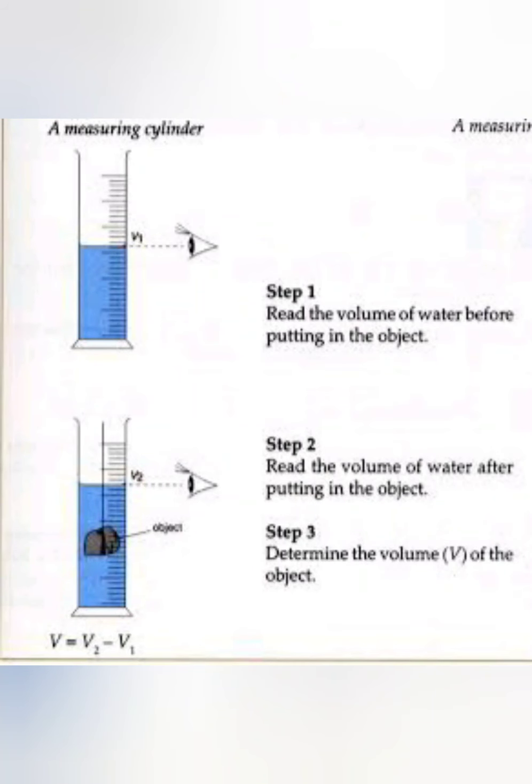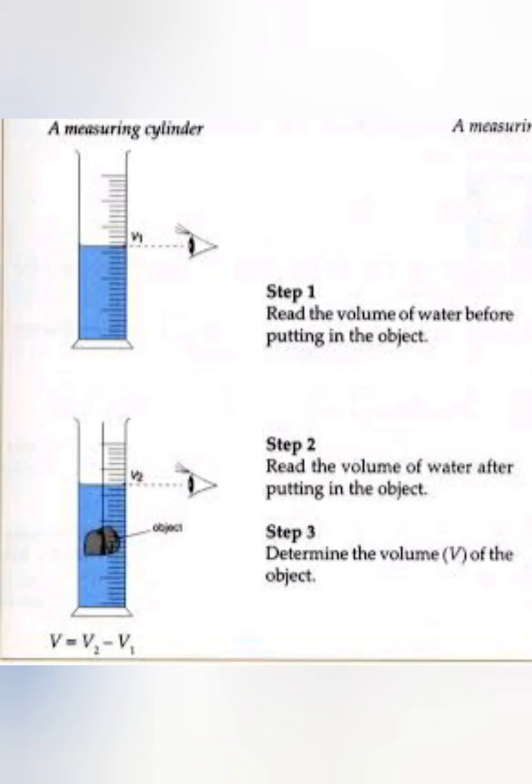So the first step in measuring the volume of an irregular shaped object is to read the volume of water before dropping in the object, and this reading is considered to be V1. Step 2 is to read the volume of water after dropping in the object, and this reading is V2.